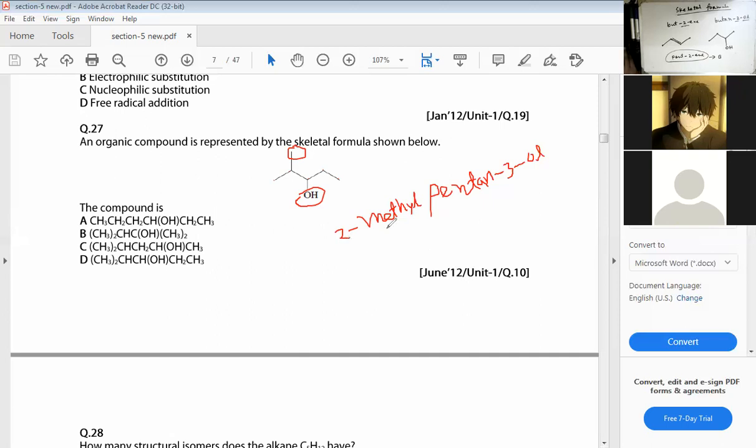So 2-methyl pentan-3-ol. Okay, got it? The name of this compound. Now you can check the answer, A, B, C, or D. Which one should be the answer from A, B, C, D?